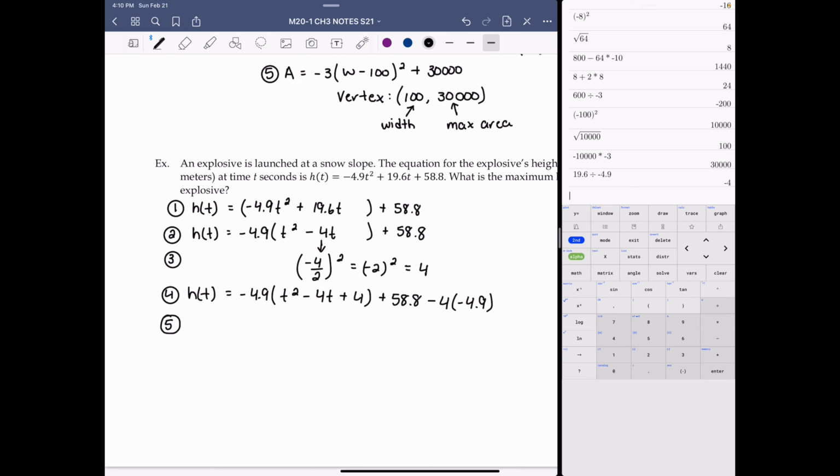Step 5, factor the trinomial and simplify. -4.9 times the square root of t squared is t, the square root of 4 is 2, the symbol from the middle term is negative, close bracket, squared, and then 58.8 minus 4 times -4.9 is 78.4, so plus 78.4.